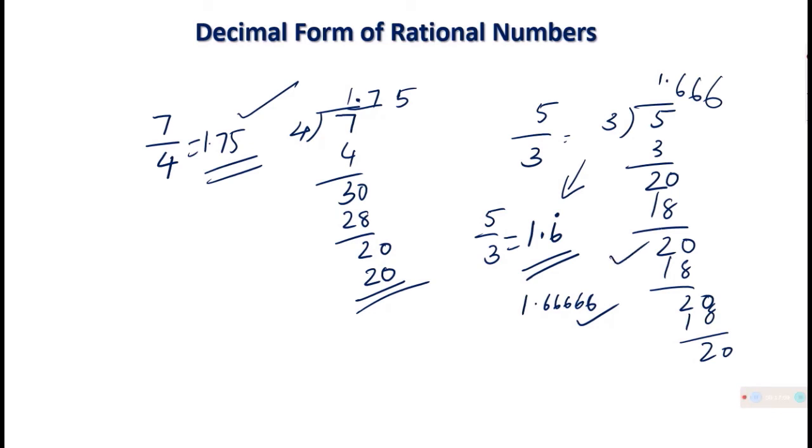Sometimes this happens. Sometimes the recurring will have another peculiarity, and you may wonder how the recurring is happening. One more example. Here the question is 2 divided by 11. 2 will not go into 11, so we have to start with a point. To show the point we put a 0 here. 20, 1 time 11, then naturally it will be 9 here. 90, you have to find out how many times it goes.